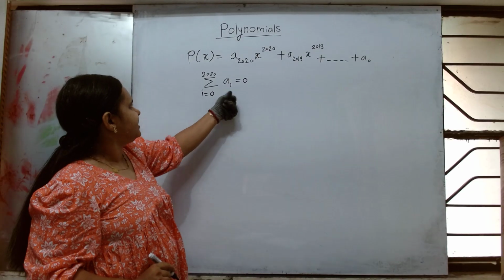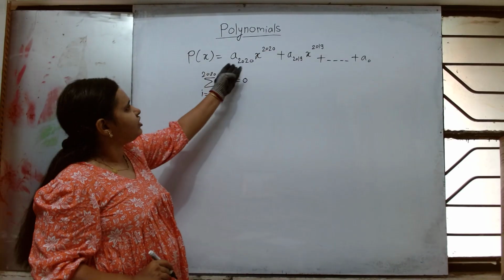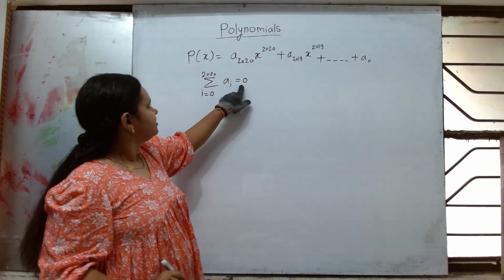So it is given that the summation of all these coefficients, a 2020, all these coefficients, is 0.